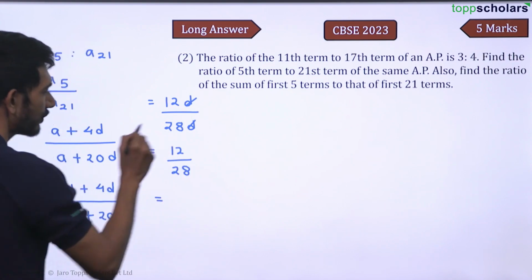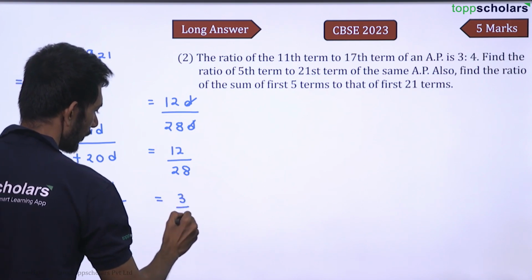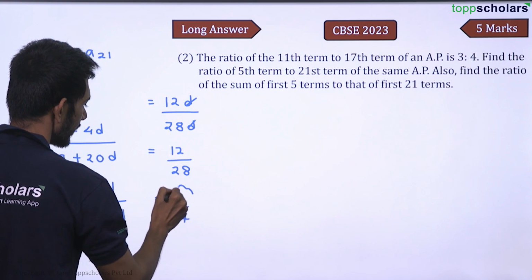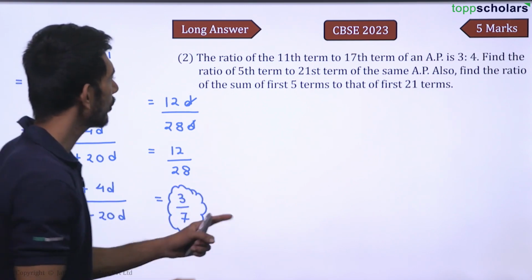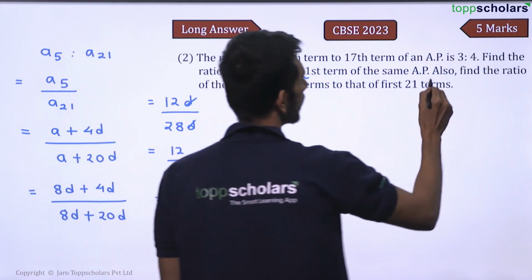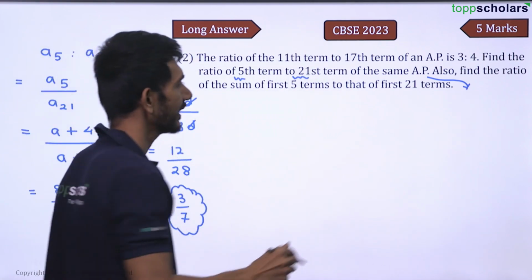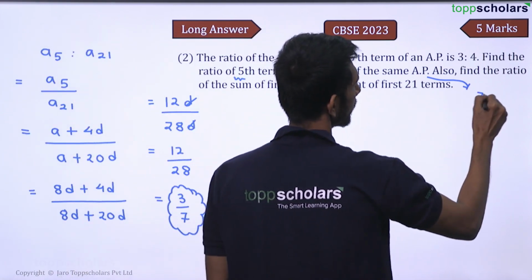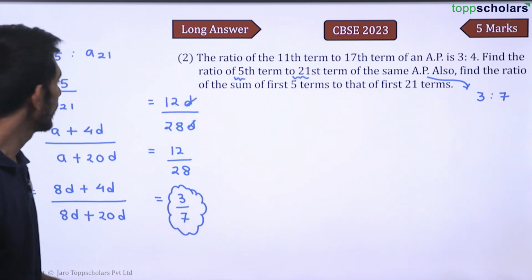So if we divide by 4, 4 3s are 12, 4 7s are 28. So 3 by 7. So can I say the ratio of the fifth term to the 21st term is nothing but 3:7, right? 3:7. I hope this part is clear.